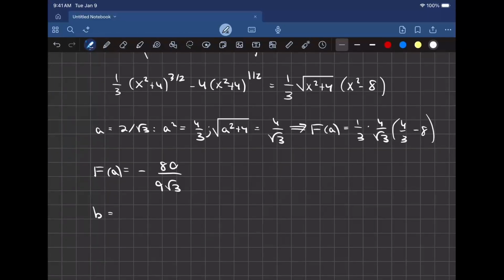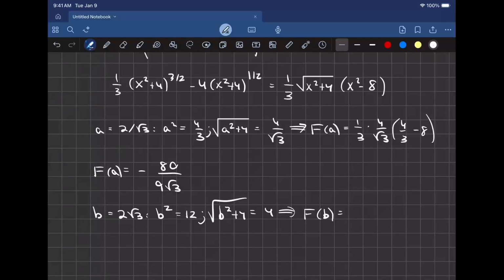So b equals 2 times square root of 3. So b squared just equals 12. The square root of b squared plus 4 equals just 4, right? So now this will be our f of b, our upper bound.